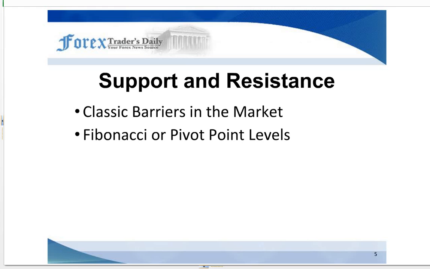Anyway, you could also use tools like pivot point levels to calculate potential support and resistance, or using historical data from the previous day. But again, the interpretation of tools like Fibonacci and pivot point levels have a different meaning to different people. Take pivot points for instance. Are they better to interpret them on a daily chart, a weekly chart?